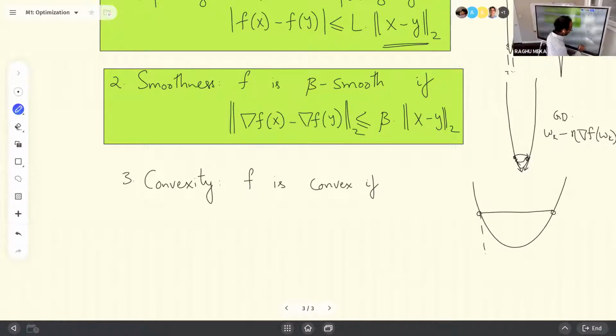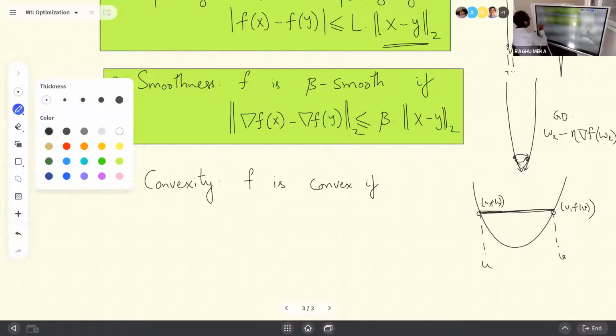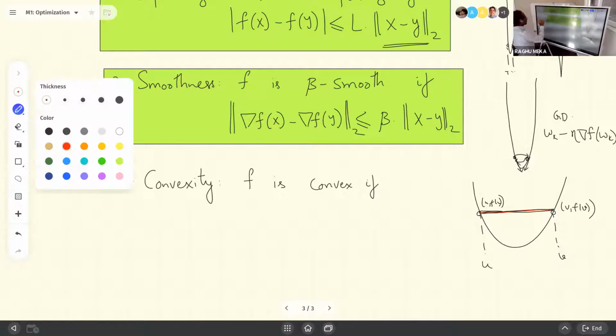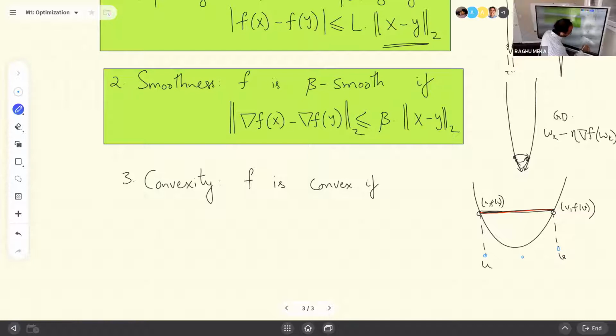So if I have u here and v here, and this is the chord joining u comma f of u and v comma f of v, right? And the claim is that this line is above the curve in between. Okay? So mathematically, if I look at any point between u and v and look at its function value, it should be below the corresponding value on the chord.